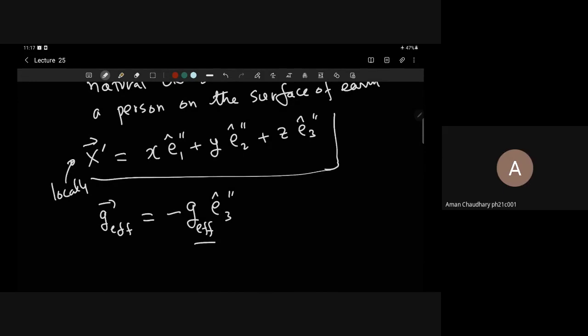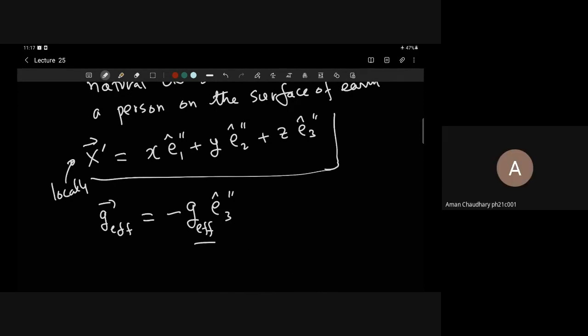If you're going to measure g in a simple experiment, let's ignore Coriolis for a moment; we will put Coriolis into the story. If you didn't do Coriolis and just tried to measure g in any experiment with a simple pendulum, you will measure G effective. You're not going to measure the other g.